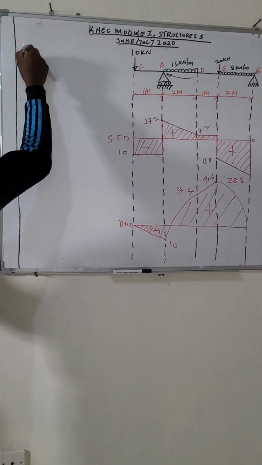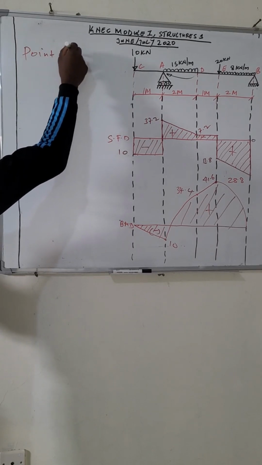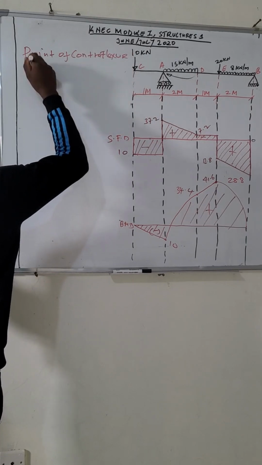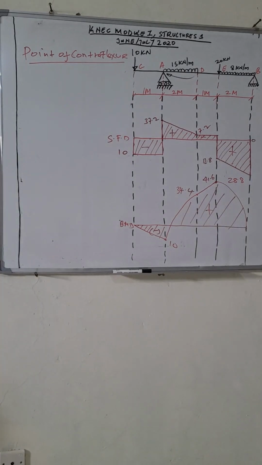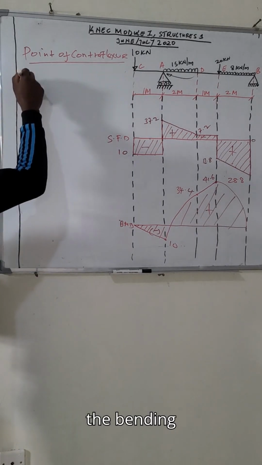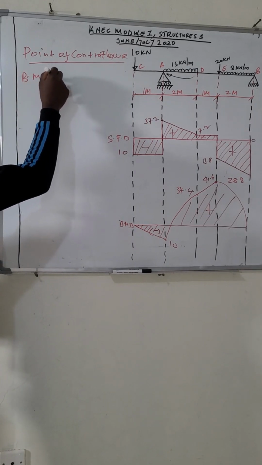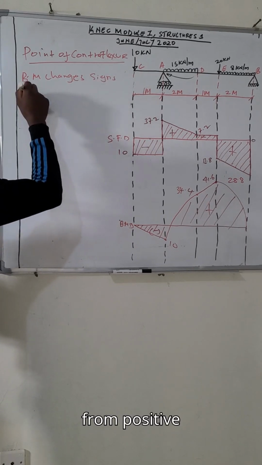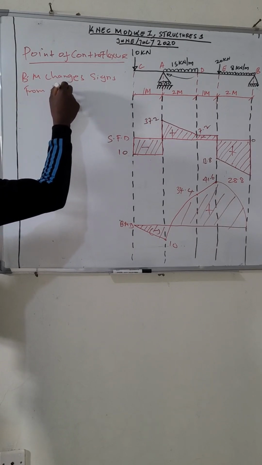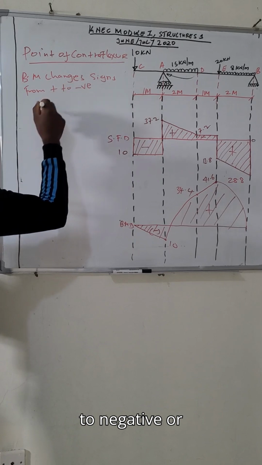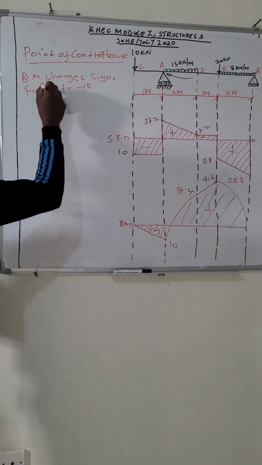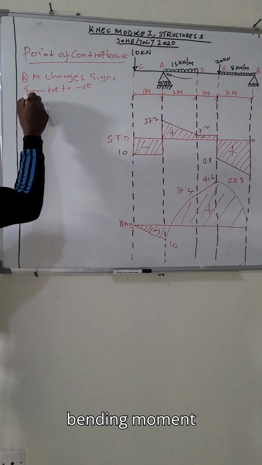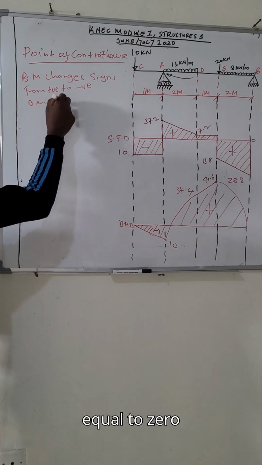The point of contraflexion is a point where the bending moment changes sign from positive to negative, or vice versa, and the bending moment is always equal to 0.